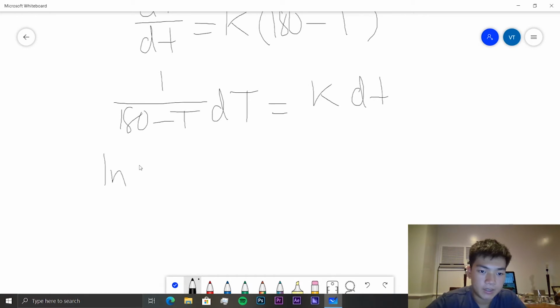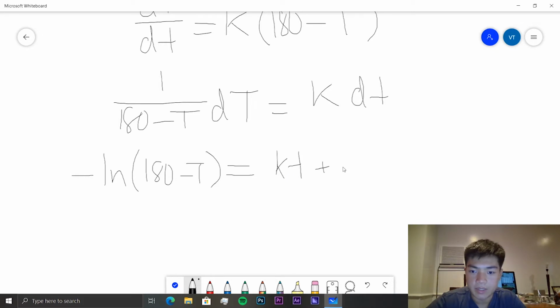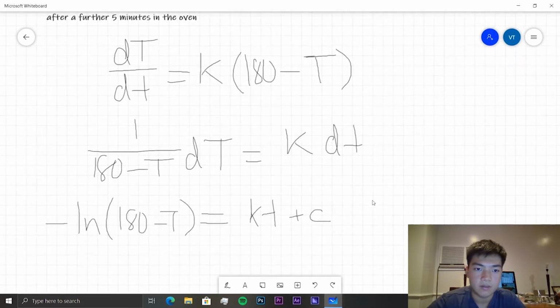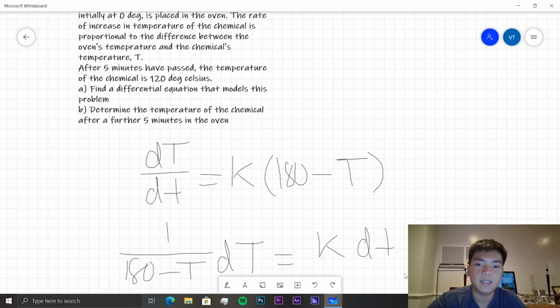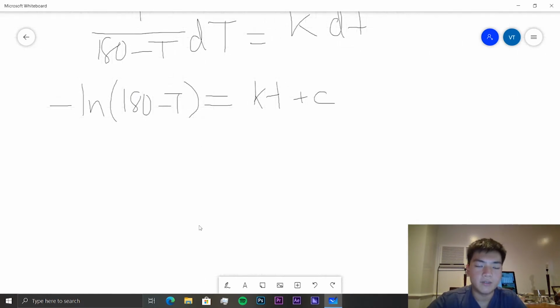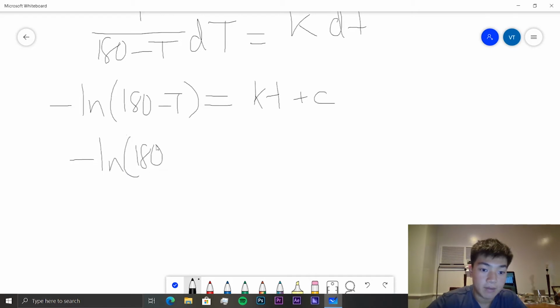So we have negative ln of (180 minus T) is equal to kt plus c. The temperature is initially at 0 degrees, so we can solve now. Let's solve for c first. We have negative ln 180 is equal to c. That was pretty simple.